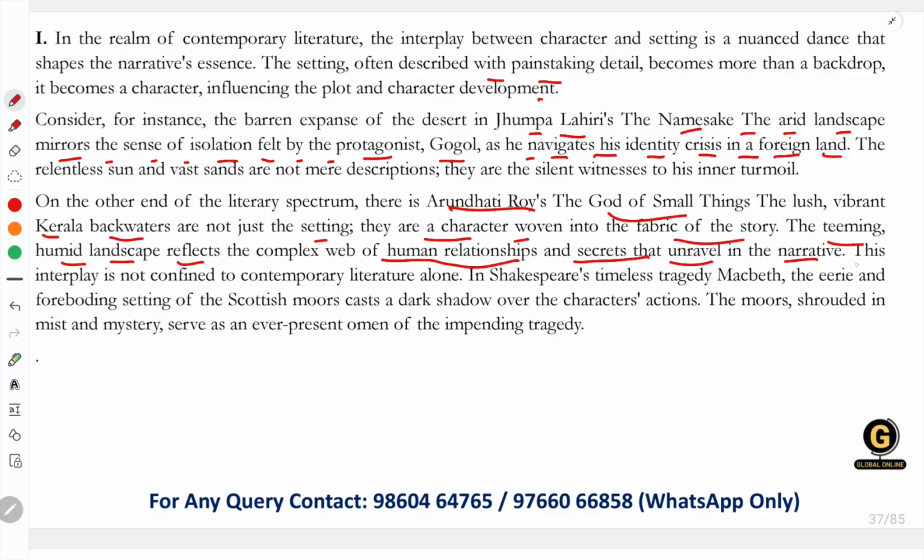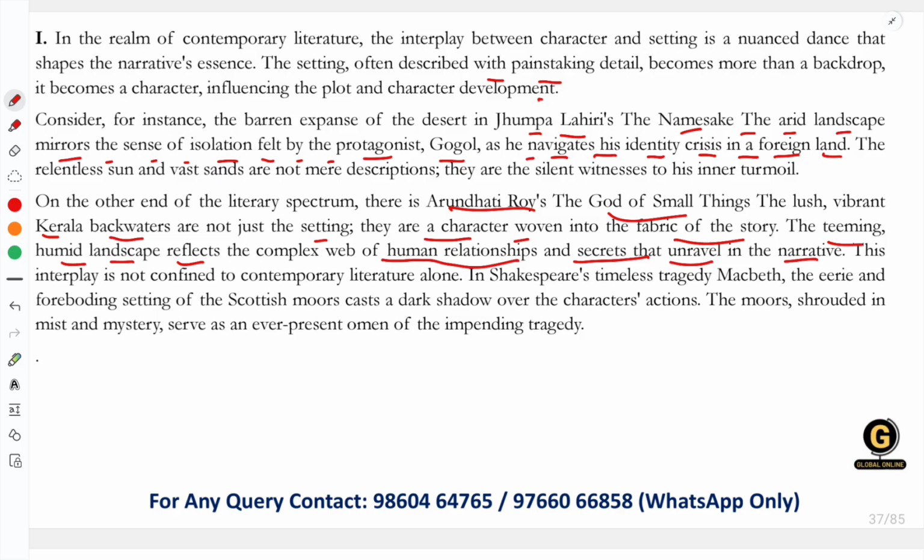This interplay is not confined to contemporary literature alone. In Shakespeare's timeless tragedy, Macbeth, the eerie and foreboding setting of the Scottish moors casts a dark shadow over the characters' actions. The moors, shrouded in mist and mystery, serve as an ever-present omen of the impending tragedy.